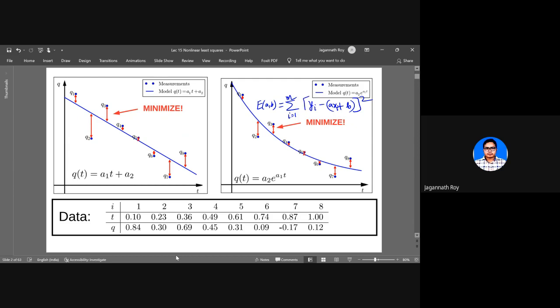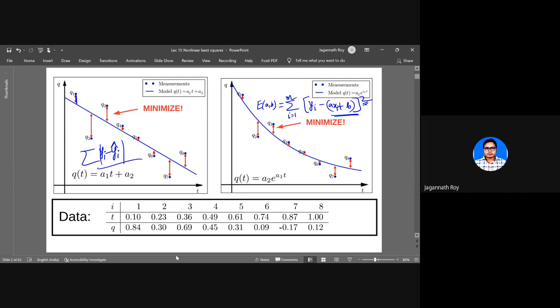The question was why we are considering this square term. We could have taken the absolute values, yi minus y cap. If we take these errors, will we get the correct answer?